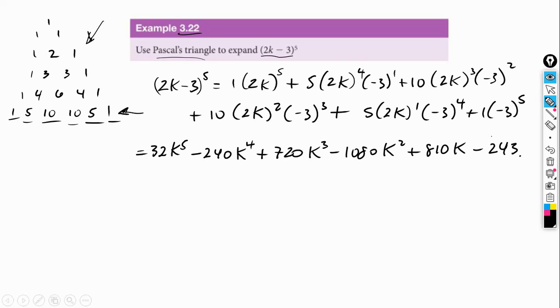So this would be the expansion of (2k - 3)^5 using Pascal's triangle.